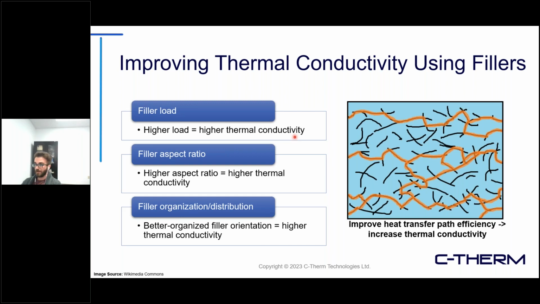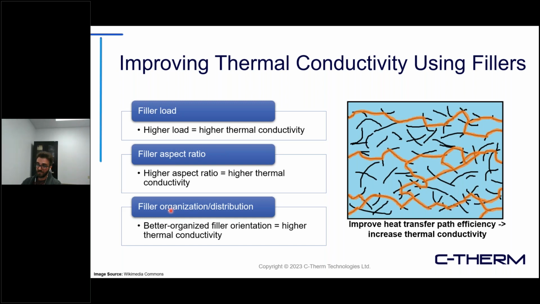case. The aspect ratio of the filler, so really looking at not only the amount, but the shape, the size, and the form of the filler that's used. Even if it's all the same base material, this can have a net impact on the overall performance that is observed. And also the filler organization and distribution, and this will be one that I'll touch on as well.